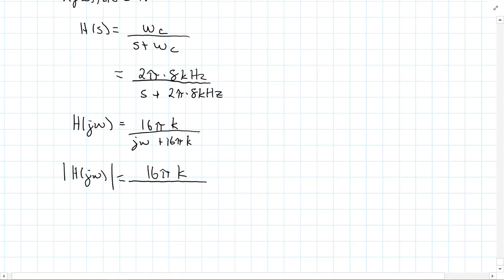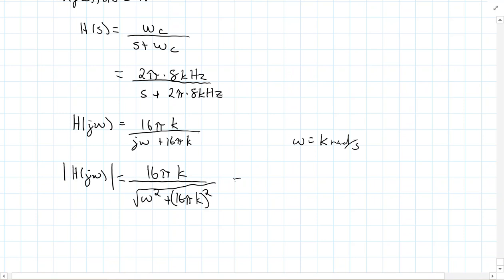over the square root of omega squared plus 16 pi k squared. The reason I'm writing it in terms of k is we're going to see something nice in a second. Notice that omega is going to be in kilorads per second as well.